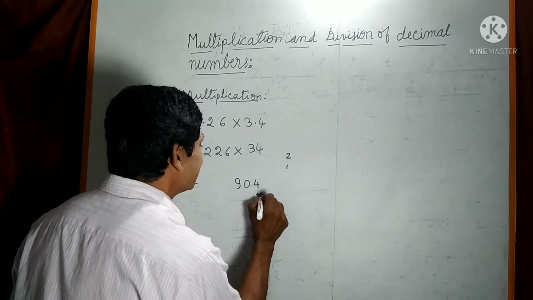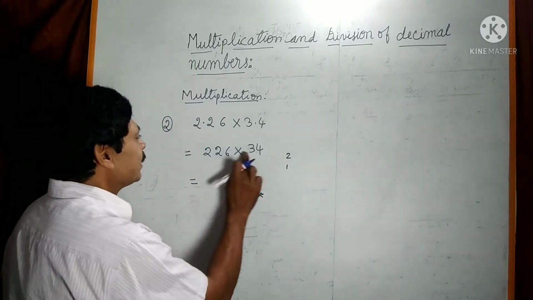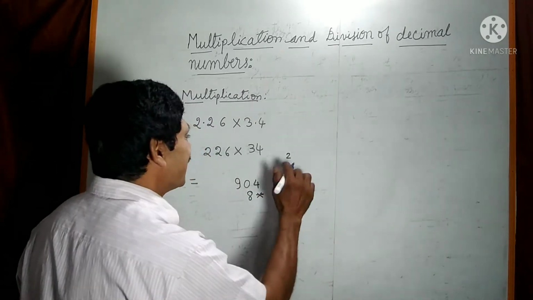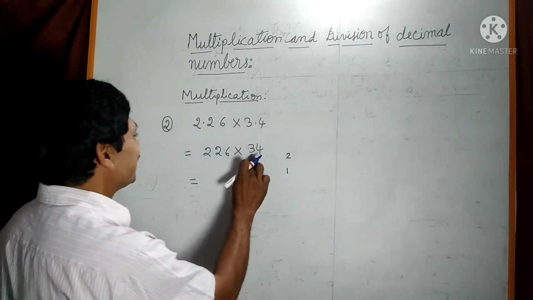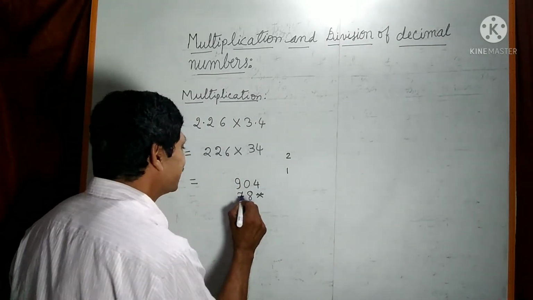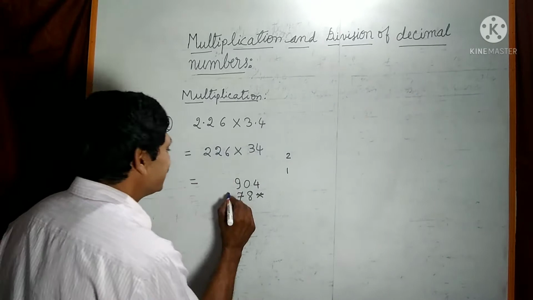We will leave one place. 3 6s are 18, carry 1, 3 2s are 6, 6 plus 1, 7. 3 2s are 6.